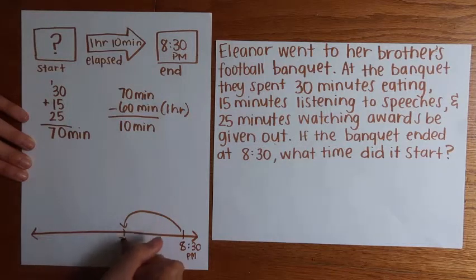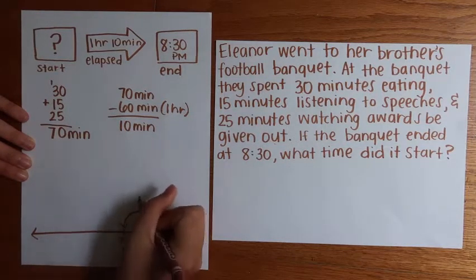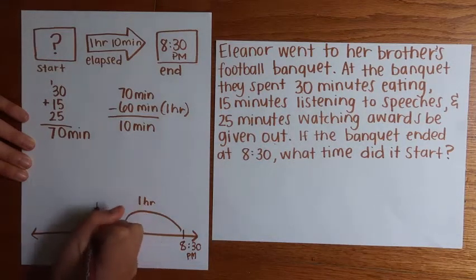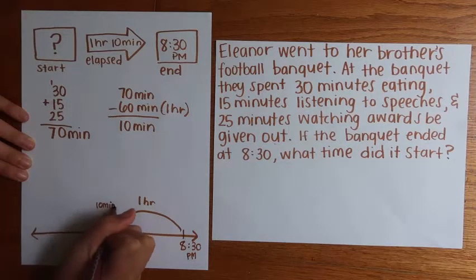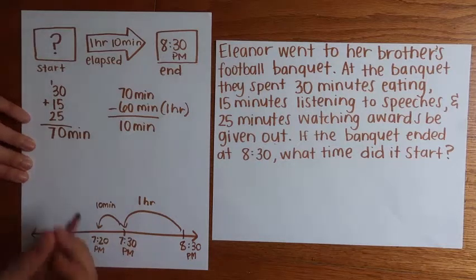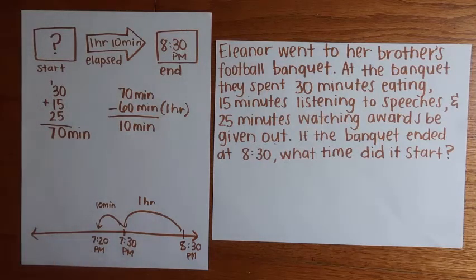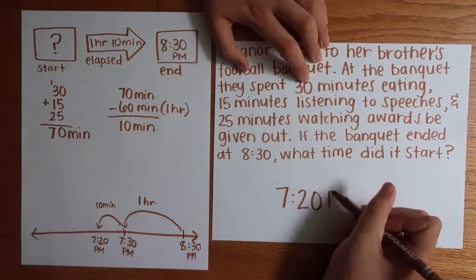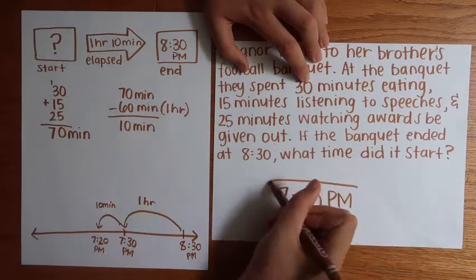That's going to get me to 7:30 p.m. And that was 1 hour. And then we still have another 10 minutes to go. And if I go back 10 minutes, that's going to get me to 7:20 p.m. So the start of the banquet would have been 7:20 p.m. And that would be my final answer.